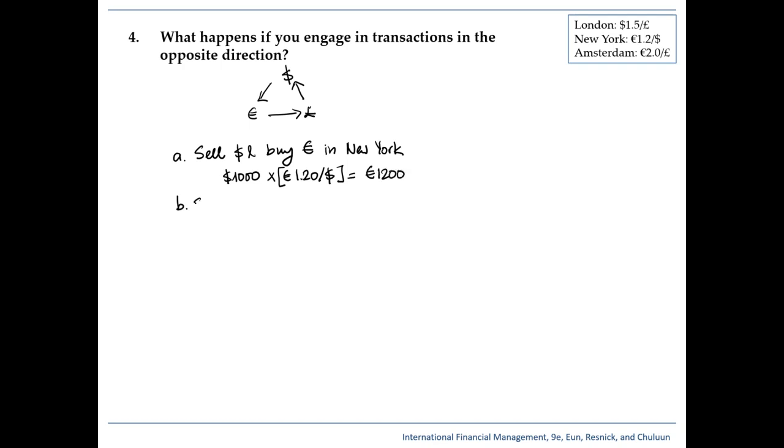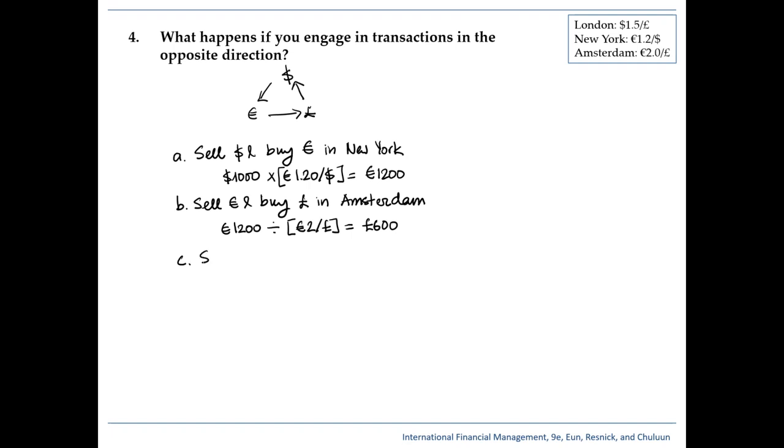The next step is going to be selling those euros and buying pounds, and that's in Amsterdam or with the bank in Amsterdam. And that means taking your 1,200 euros and convert it into pounds at the rate of 2 euros per pound, which will generate you 600 pounds.